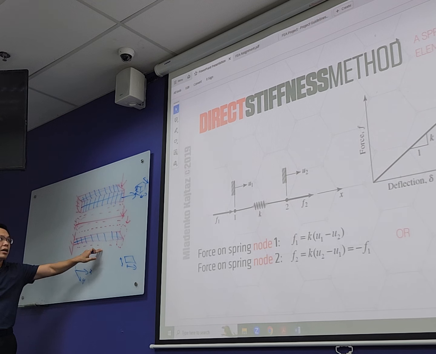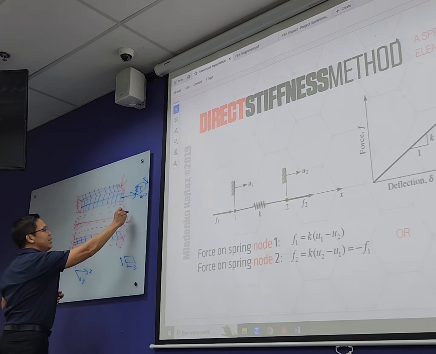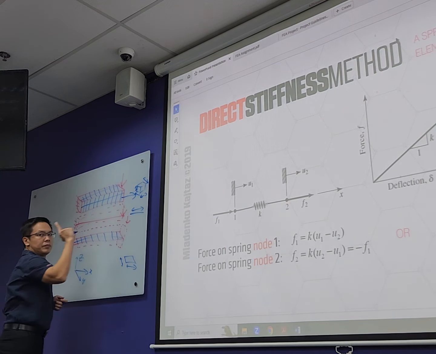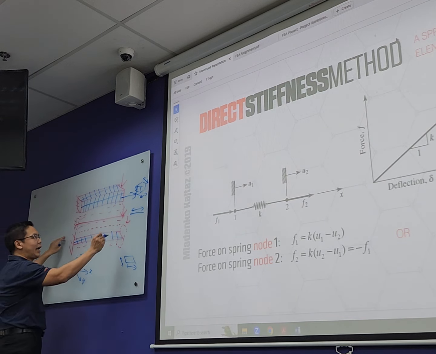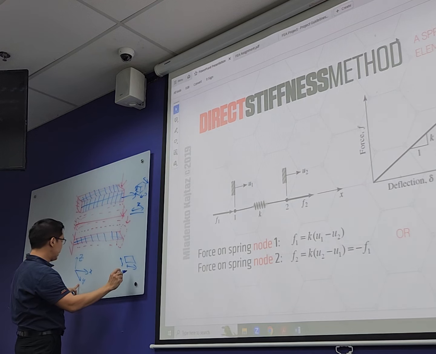For this, I can only see the individual element, so it's only one-dimensional, a single dimension. So I only see the x direction. This I see the x and the y.